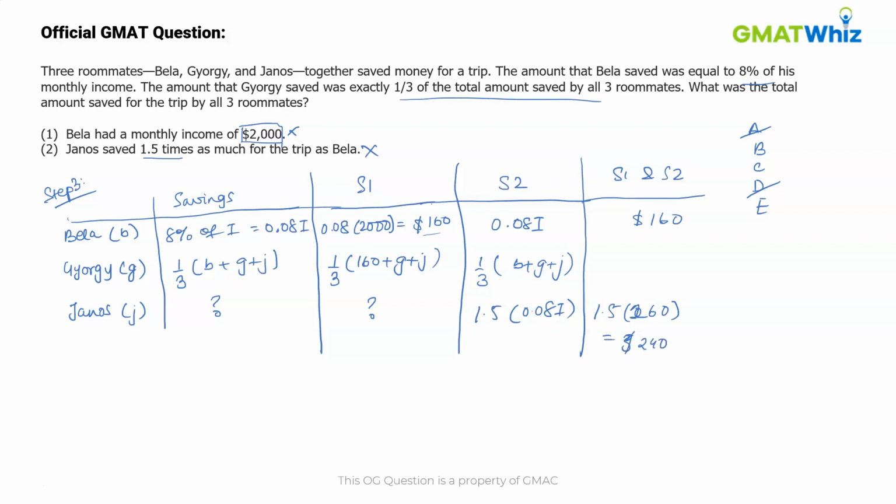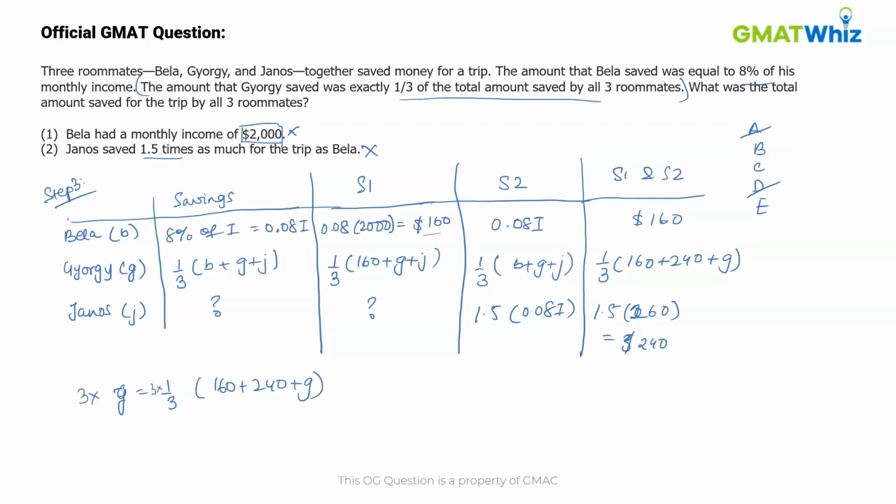Now then we can write Gyorgy's savings to be equal to 1/3 of 160 plus 240 plus G, where G is Gyorgy's savings. Now using this statement that the amount that Gyorgy saved was exactly 1/3 of the total amount saved by all 3 roommates, we can use this to write the equation G equal to 1/3 of 160 plus 240 plus G. So this is what the statement means.